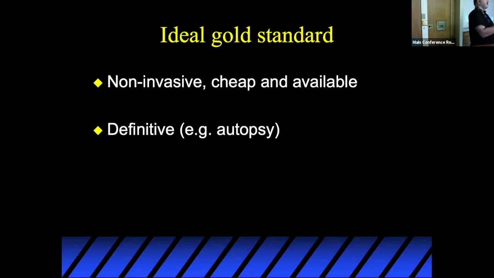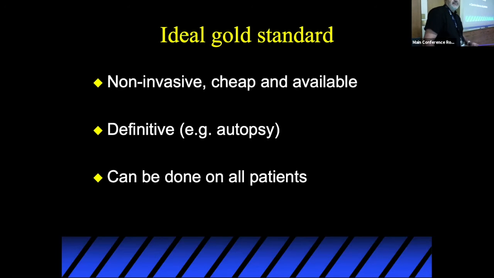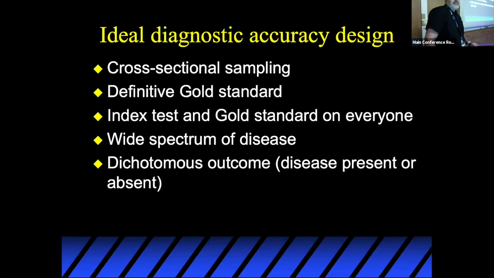So that's not an ideal gold standard because it's not definitive. But unfortunately, in the case of seizure, that's the only thing that we have. So if your gold standard is definitive, that's great. Doppler ultrasound for DVT is relatively definitive. And again, it has to be done on all patients.